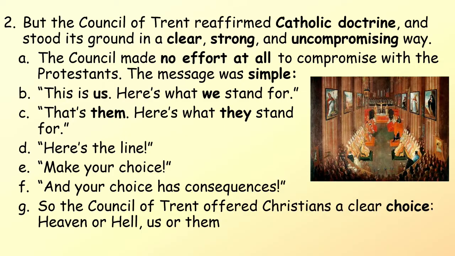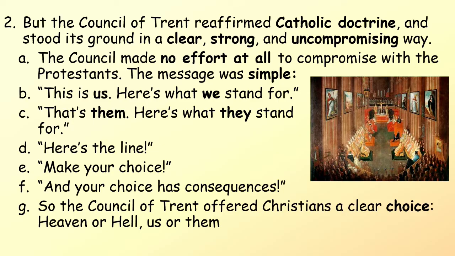The second part of the Council of Trent's legislation was this. They reaffirmed Catholic Church doctrine and beliefs, and the council stood its ground in a clear, strong, and uncompromising way. In other words, the council made no effort at all to compromise with the Protestants in terms of doctrine and beliefs.